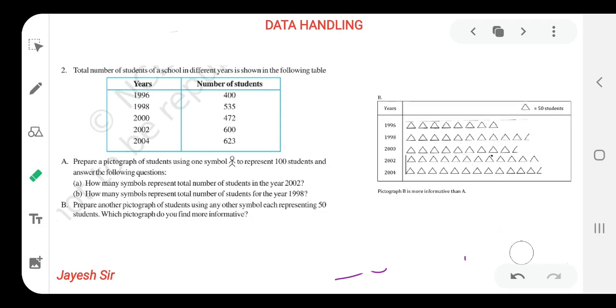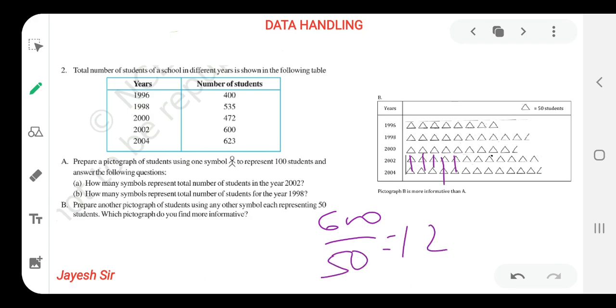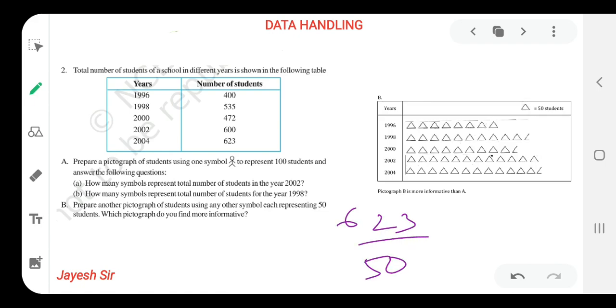So let's begin for the year 2002. For 2002 it is 600 divided by 50. That means 12 symbols should be there. That is counting 1 2 3 4 5 6 7 8 9 10 11 12. That means 12 symbols are there. So our answer for 2002 is also correct. So let's begin with the year 2004. That is 623 divided by 50.